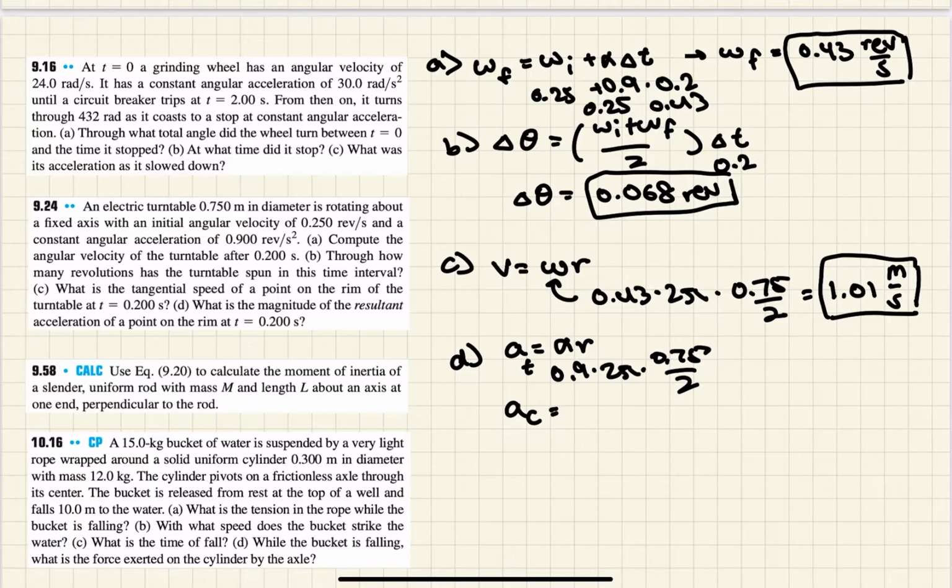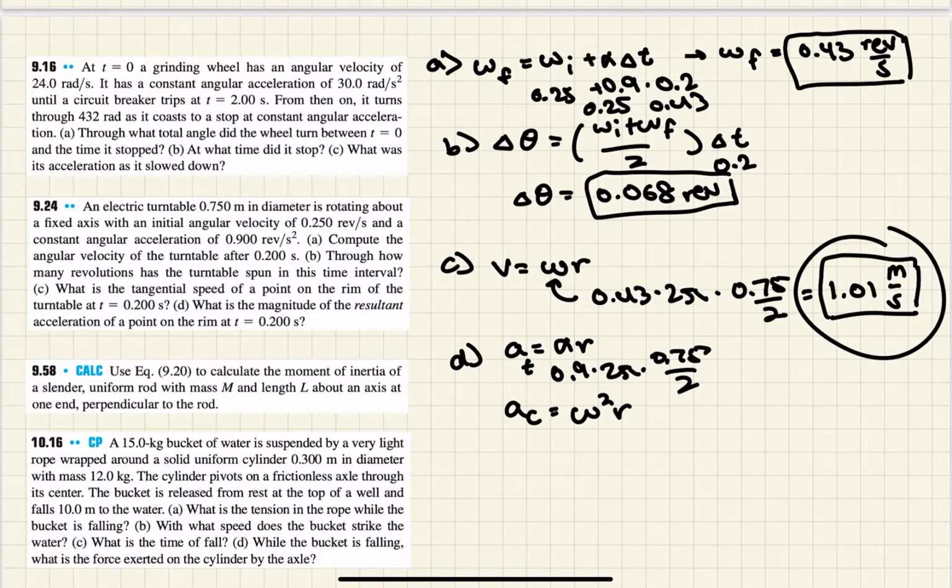And then for the radial one, it's omega squared r. We can use that formula. Oops, not omega r squared. Omega squared r. Omega we know is 0.43 because it's at 0.2 seconds. 0.43 squared times radius of 0.75 over 2. Multiply that out. 0.43 is multiplied by 2 pi. We get the v.